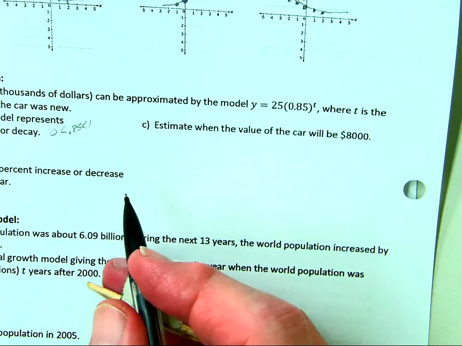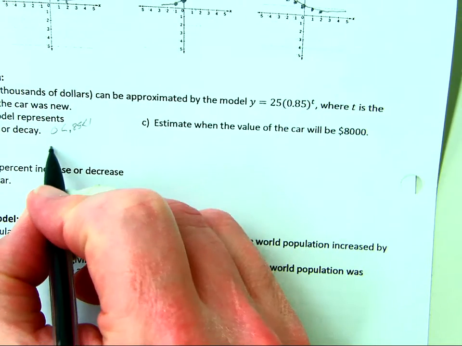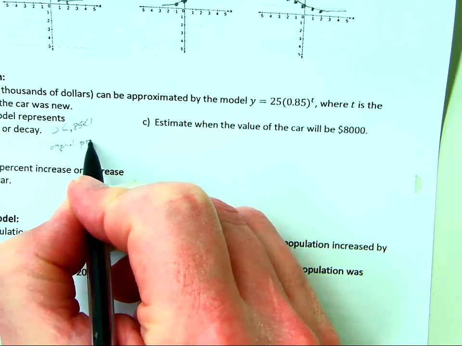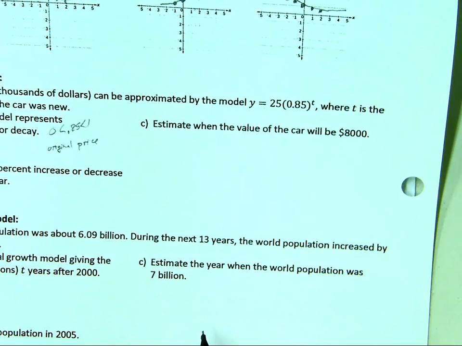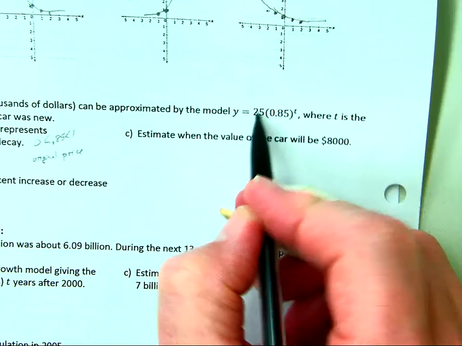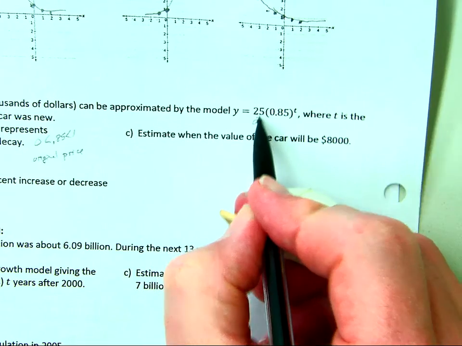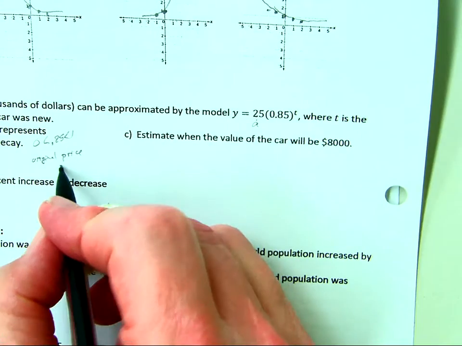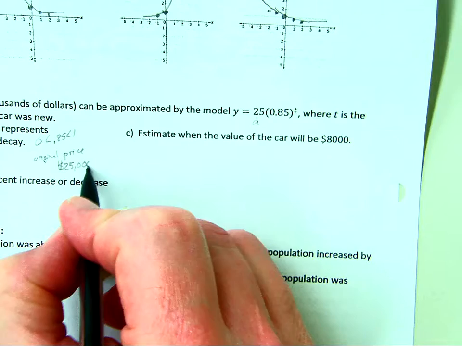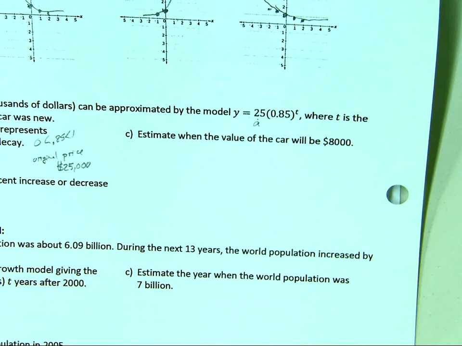One other thing I kind of threw in here, what is the original price of the car? Remember I said this A that's in front is the initial value? Well, this A right here is 25. So that means the initial price of the car is $25,000. So that number out front, that's the initial value.